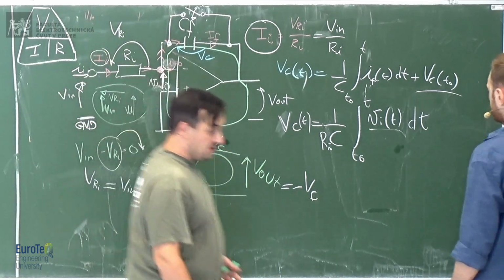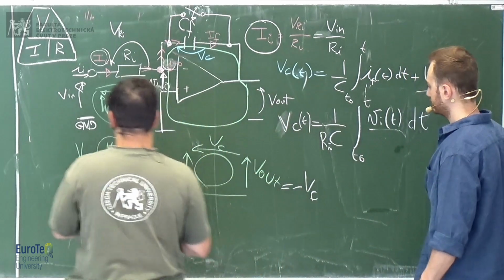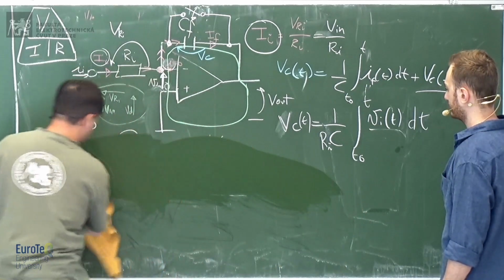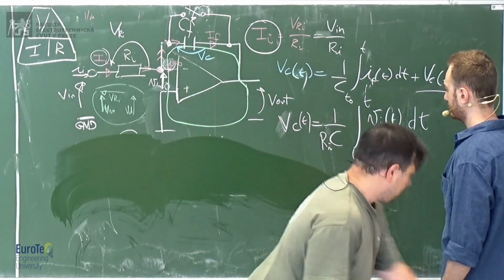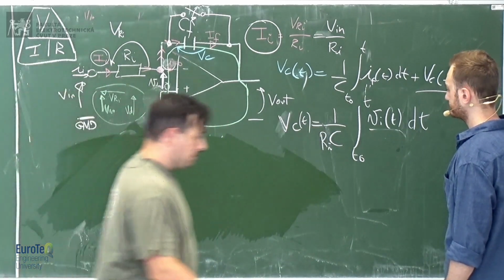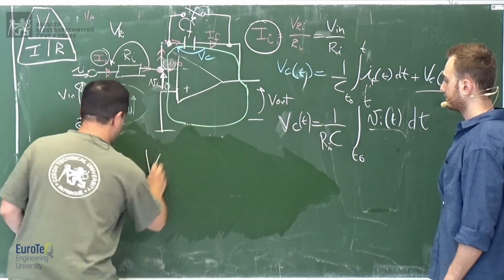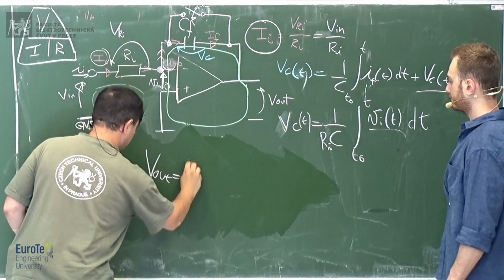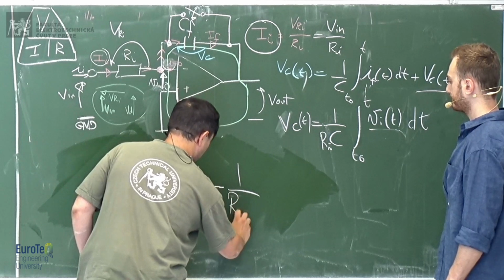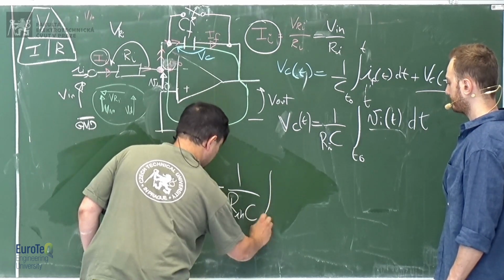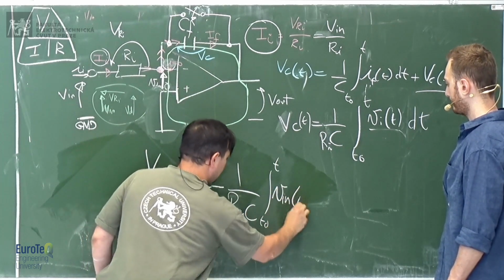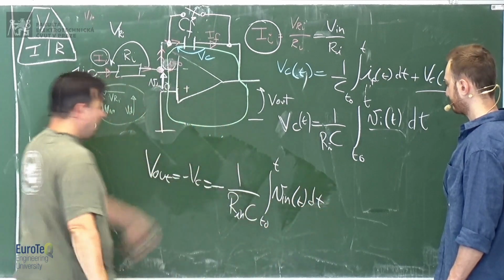We know VC, so let me write it here so we have a nice expression. V out is negative VC, which is negative 1 over input resistance times C, the integral from T0 to T of the input voltage dt, plus V0, whatever.